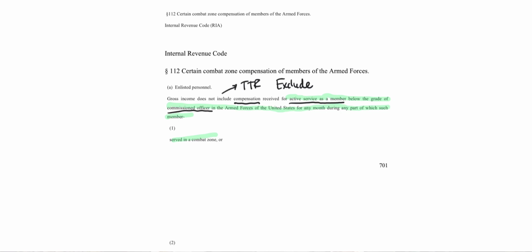So that's non-commissioned officers. Talking about like sergeants. We're talking about grades below sergeant, but we're not talking about like lieutenants, captains, colonels, officers in the armed services. They do not get to exclude this amount. So we're talking about like private first class, or ensign, or depending on which service you're in.